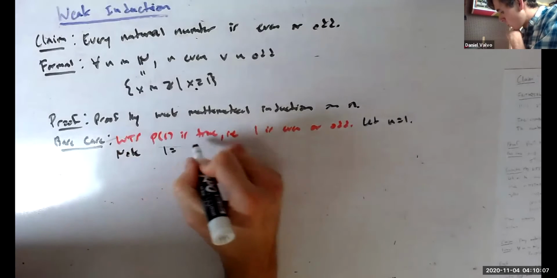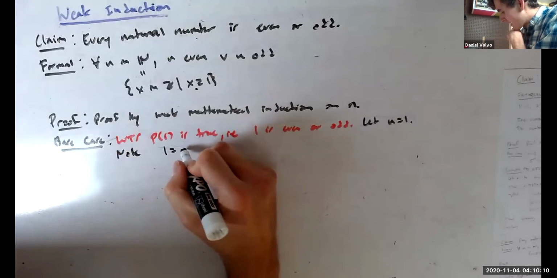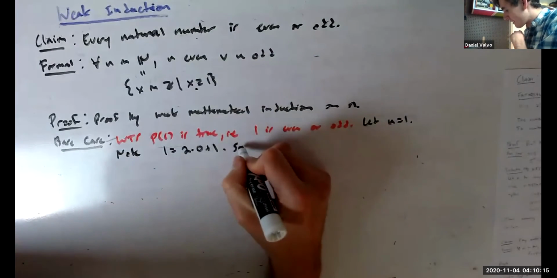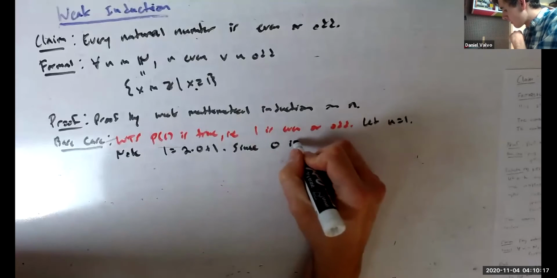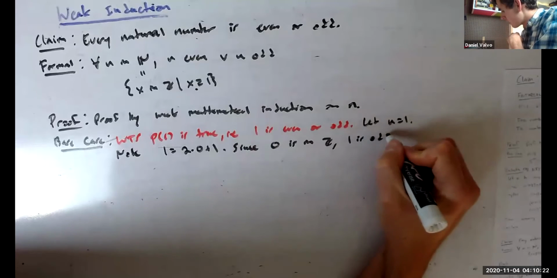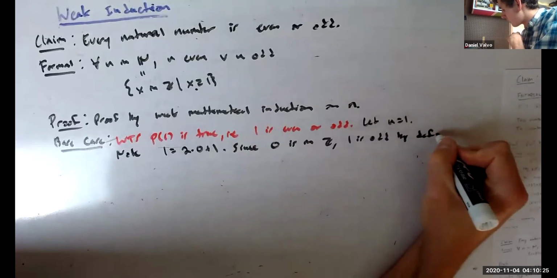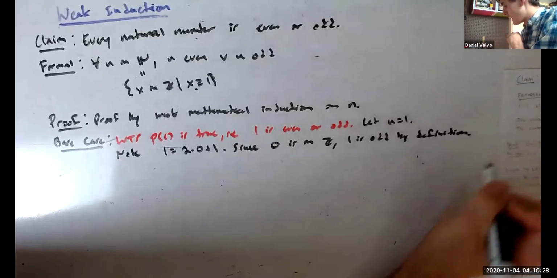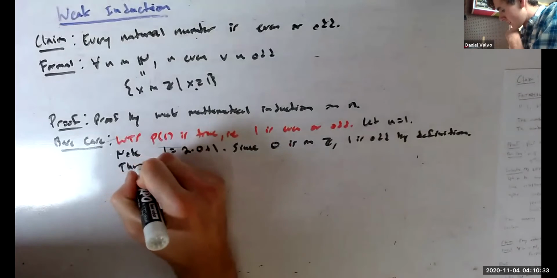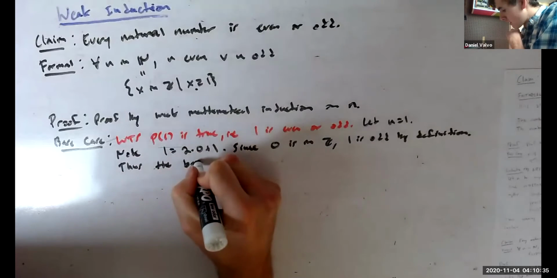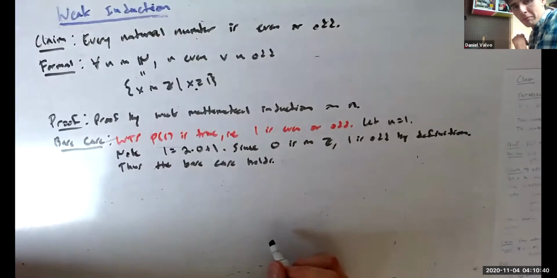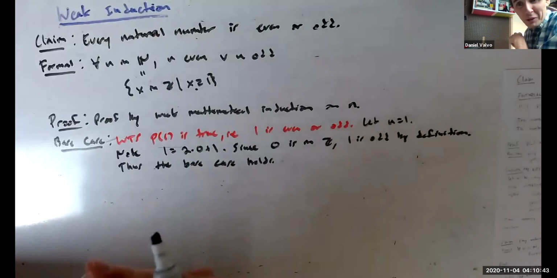Note 1 equals 2 times 0 plus 1. Since 0 is an integer, 1 is odd by definition. So 1 is even or odd. It's odd in this case. Thus, the base case holds. Real simple. Three lines to prove that 1 is odd.